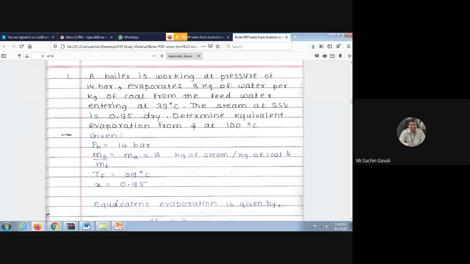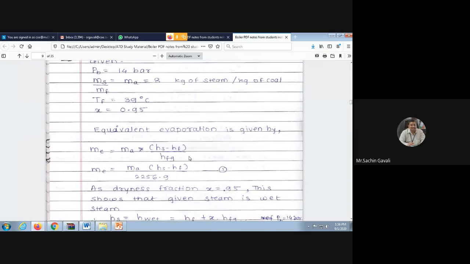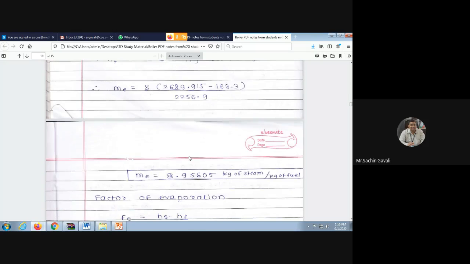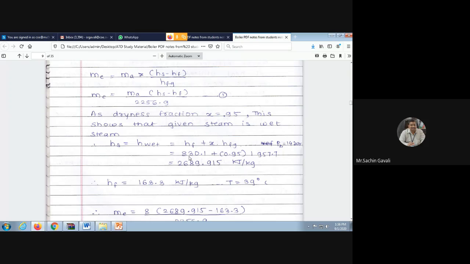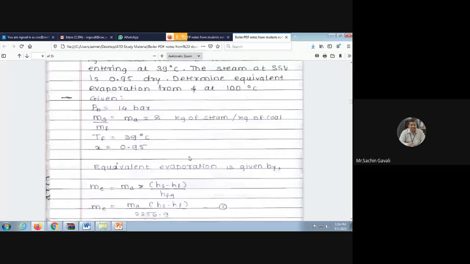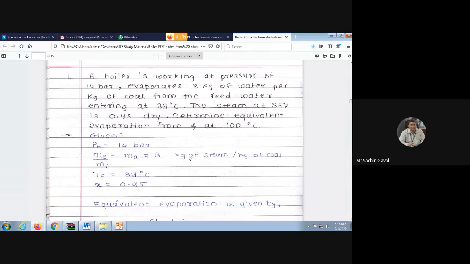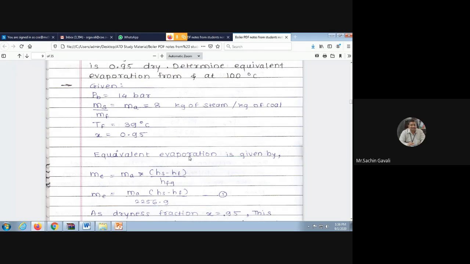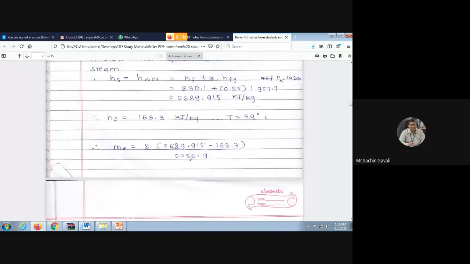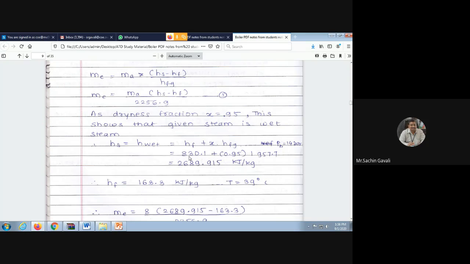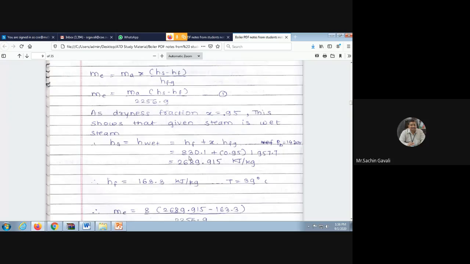Also find out the factor of evaporation and boiler efficiency, if coal is having calorific value 21,000 kilojoule per kg.